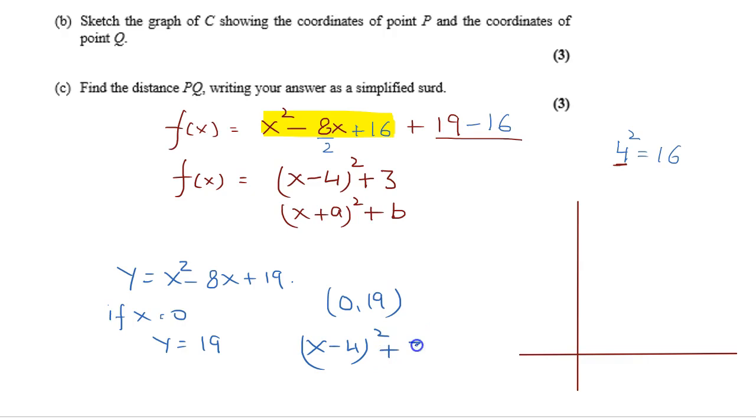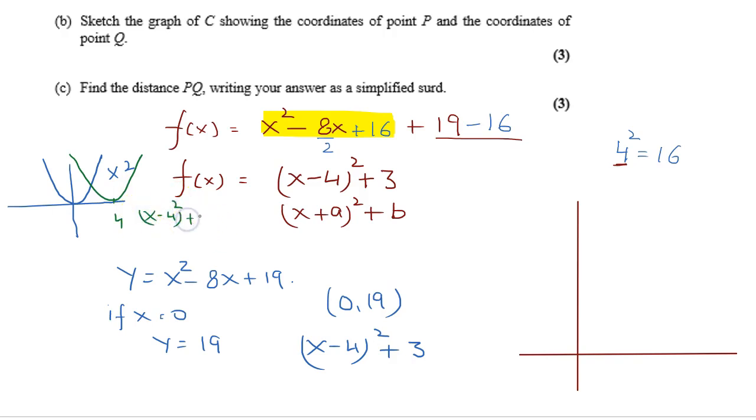square plus 3. You know that when we draw the graph of x square, this is the x square graph, and when we draw the graph of (x minus 4) square, the graph shifts this side. So this is 4. So this graph is (x minus 4) square.